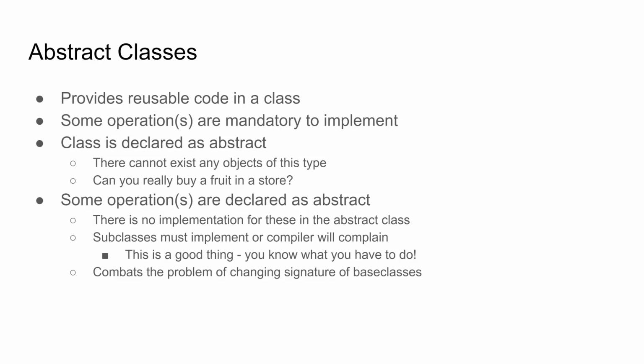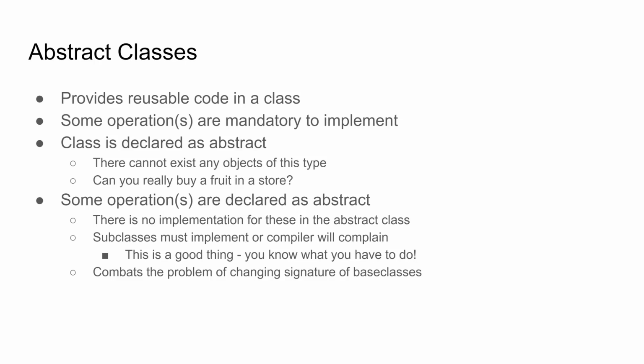And this means that we can still provide reusable code in a class, but some operations are mandatory to implement. So we don't supply an implementation for these in the abstract class. So you must override them in subclasses. This fixes some of the problems of changing the signature of the operation, because as it's mandatory to override it, you will get the compiler warning anyway.